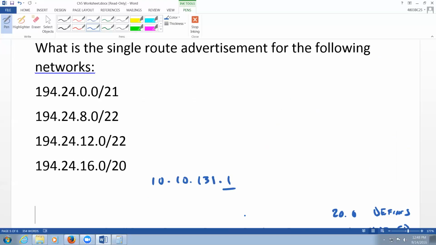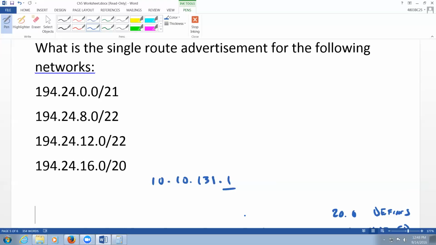I wanted to record it just so it's there, but if we look at old school here on the whiteboard, if you have 194.24.0.0, you just write these out. 194 is going to be 11000010.